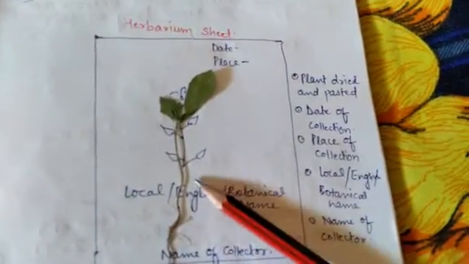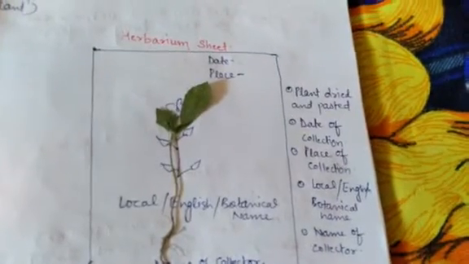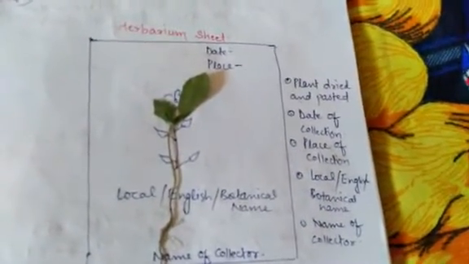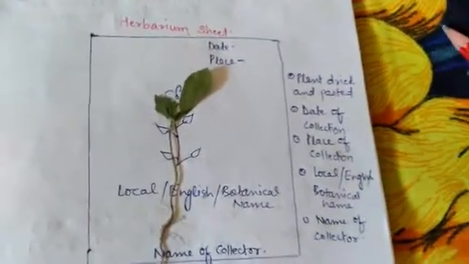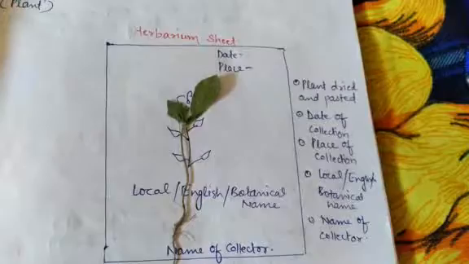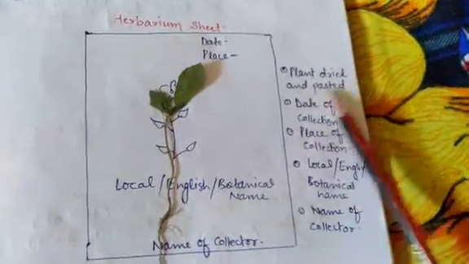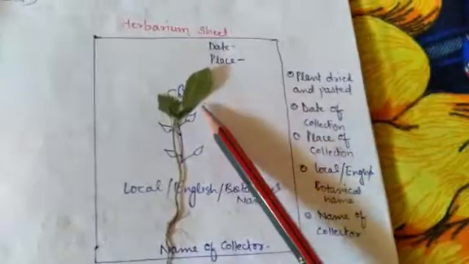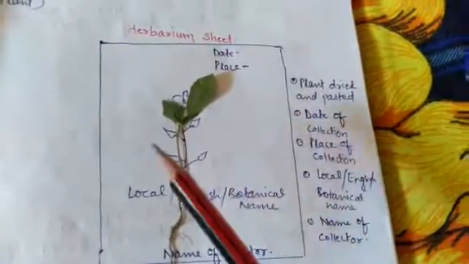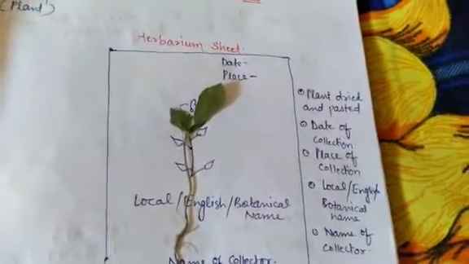Scientists collect plants, paste the plant on the sheet and collect them in a herbarium. What kind of information is present in the herbarium sheet? First is the plant, dried and pasted. I dried this plant and kept it here, but in a herbarium sheet it is pasted with sellotape.